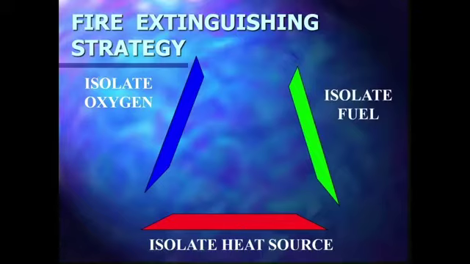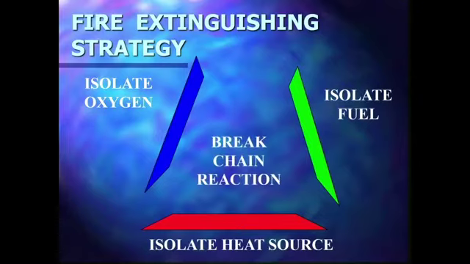If you break this fire triangle, and if you can address or if you can remove any of the element that is causing the chemical reaction, you will have a very successful extinguishing success. How to, let us move on, all right? We need to break the chain of the fire reaction.